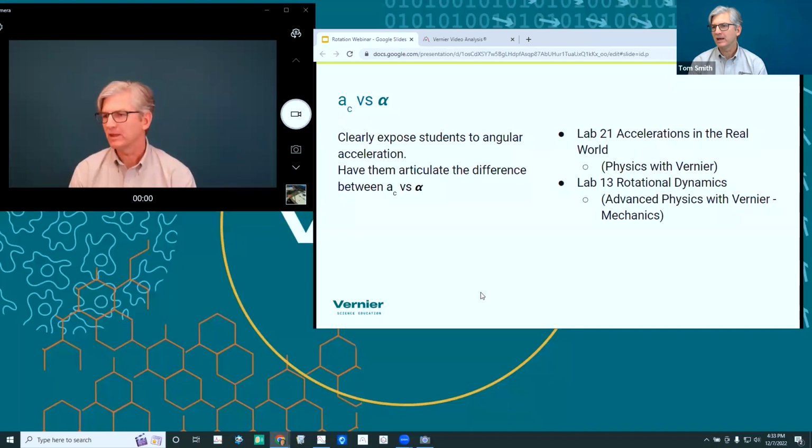We have a couple of labs, but let me just focus on this first lab, lab 21, accelerations in the real world. It has a number of suggestions for activities where students go out and collect data of acceleration and analyze that acceleration.